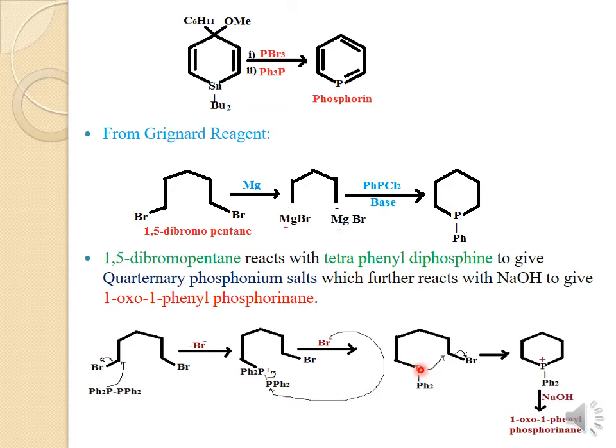The phosphorus, which is having a lone pair of electrons, will make one bond with the carbon, with cleavage of bromide. Then upon treatment with NaOH, you will get the 1-oxo-1-phenylphosphorinane compound.